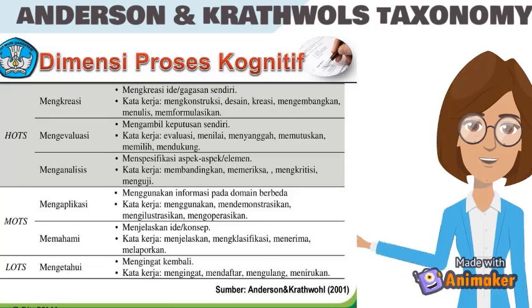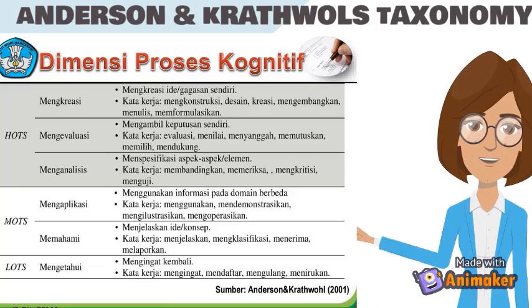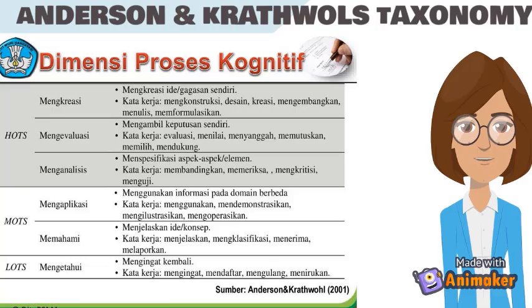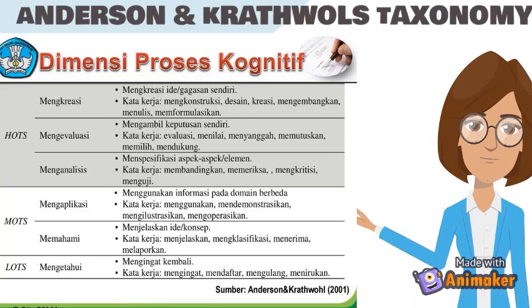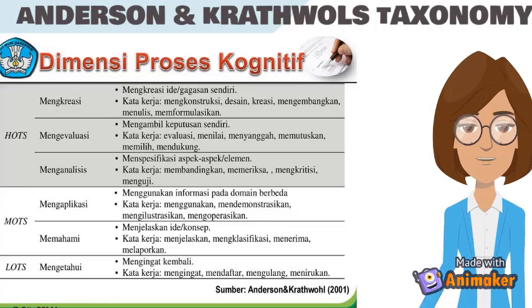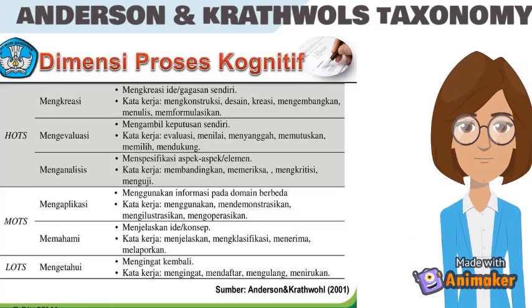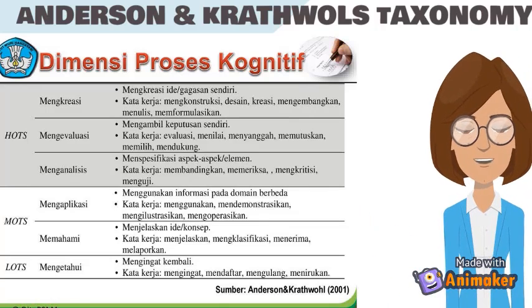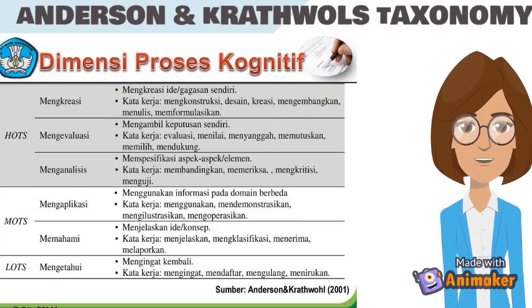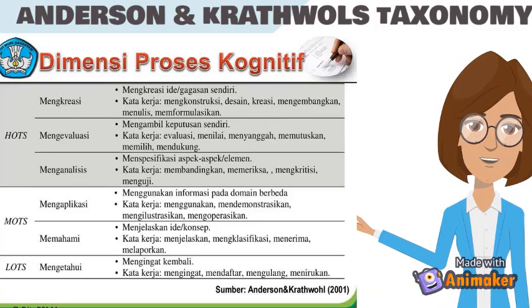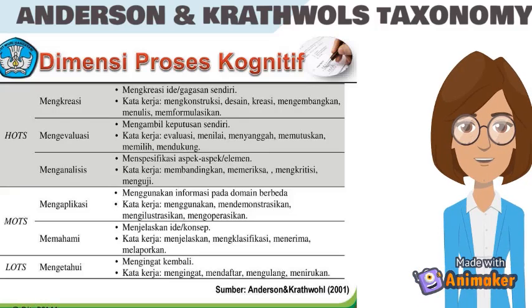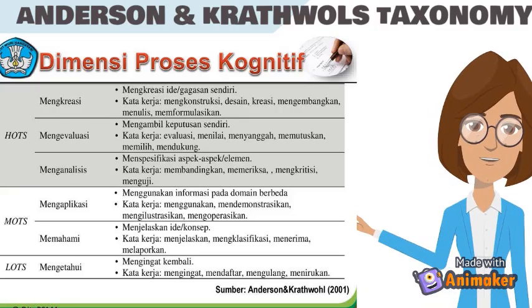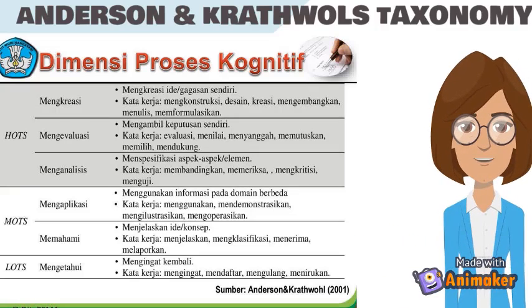And the last one is HOTS, or we call it higher order thinking skills. Here we have mengkreasi, mengevaluasi, and menganalisa. In mengkreasi, we create our own ideas with the verbs already written there, and then mengevaluasi, making our own decisions with the verbs already written there as well, and then menganalisis, specifying aspects or elements with the verbs that are already written on the table.